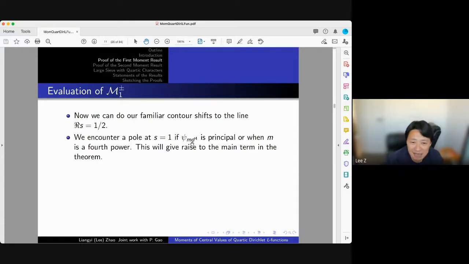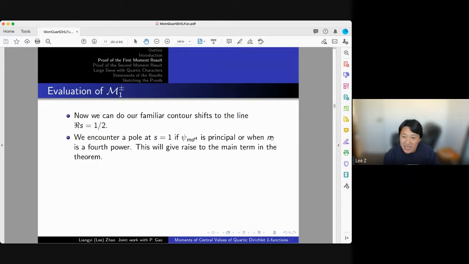Remember I said earlier, this character psi is a quartic symbol, and you will have a principal character if m is a perfect fourth power. It's a quartic symbol, and md to the fourth is the modulus of that character. So if m is a fourth power, then you basically have the principal character.